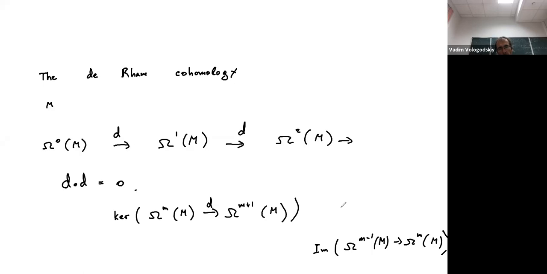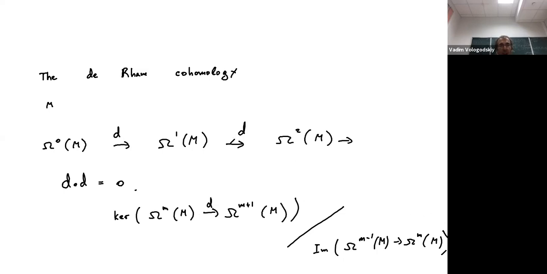So in particular, I can take the quotient of one group by the other, right? If I have a form which is in the image, it means that it's d of something, and it means that it's killed by d, because d times d is 0. So I want to take the quotient of one enormous group by another enormous group. That's what you do when you have a complex.